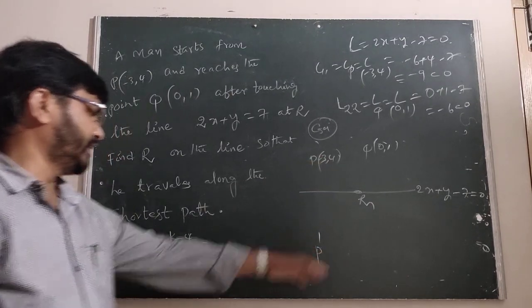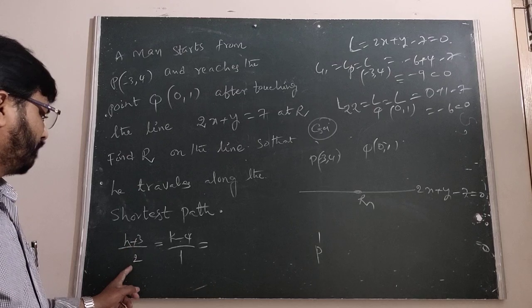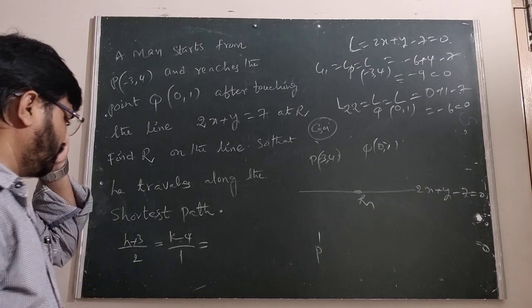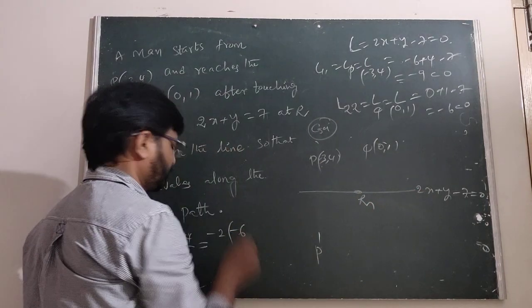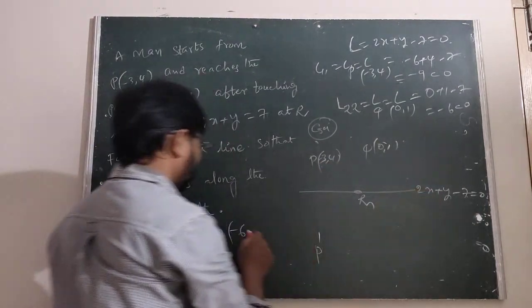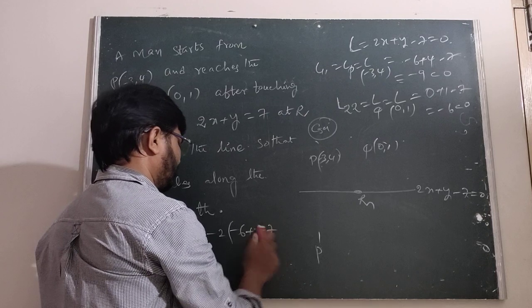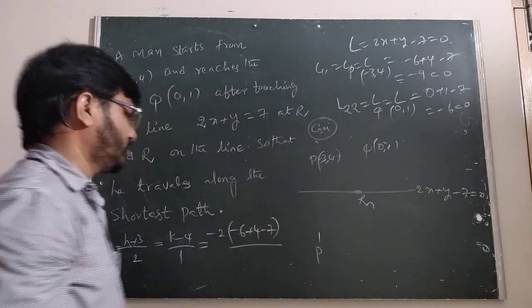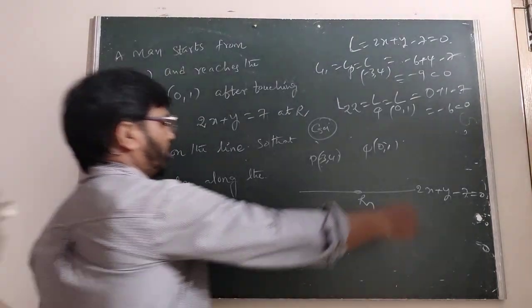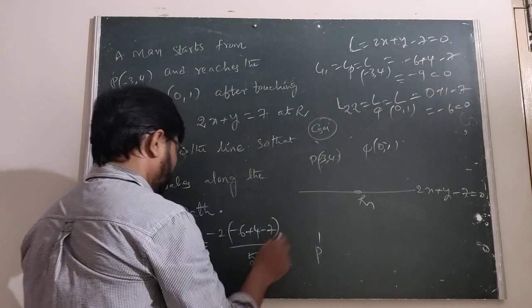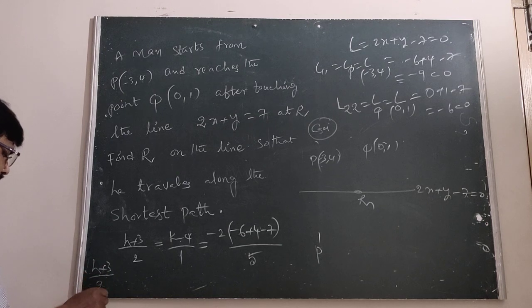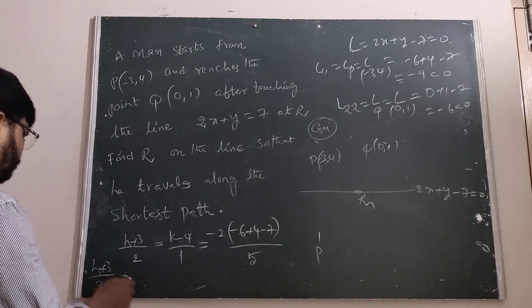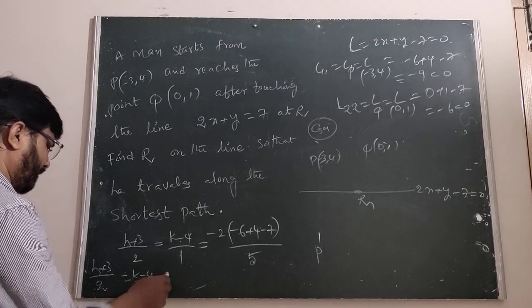H plus 3, we are taking H comma K. (H plus 3) by 2, (K minus 4) by 1, equals minus 2 into (A x1 plus B y1 plus C) by (A square plus B square). This is minus 6, now this is 4, minus 7, whole by A square plus B square, that is 4 plus 1, which is 5. Now we can write here (H plus 3) by 2 and (K minus 4) by 1.